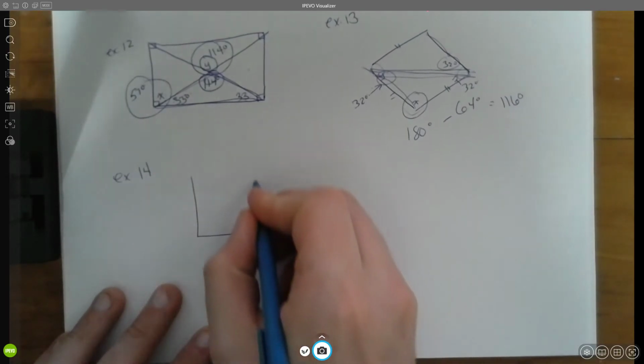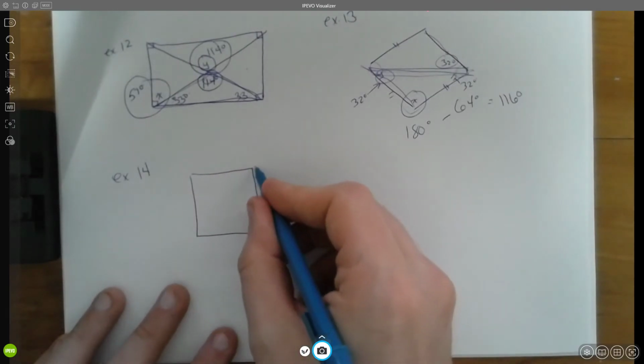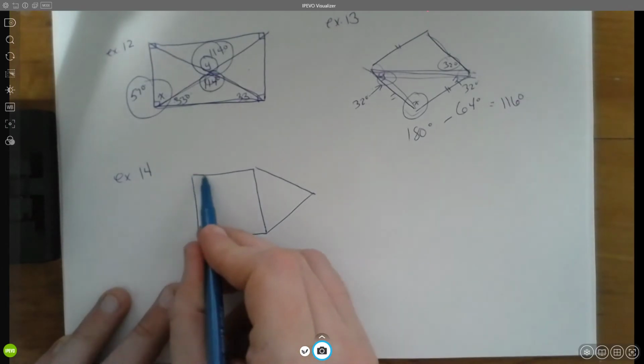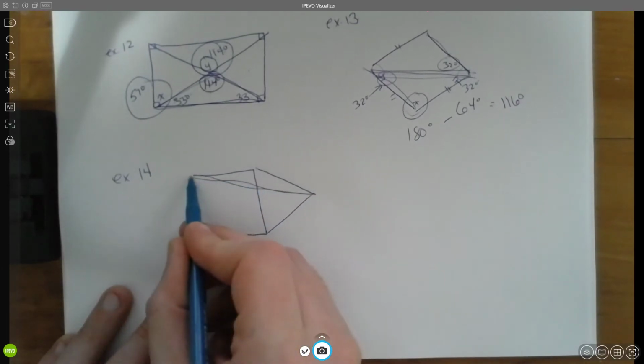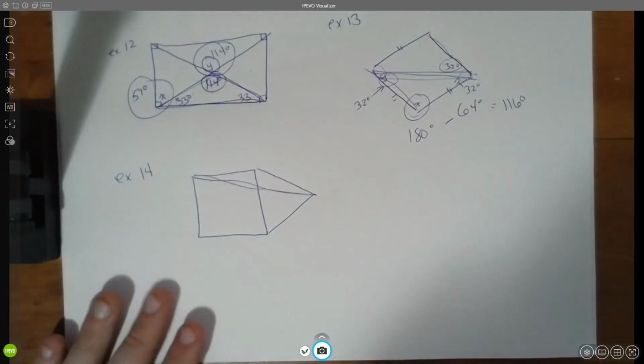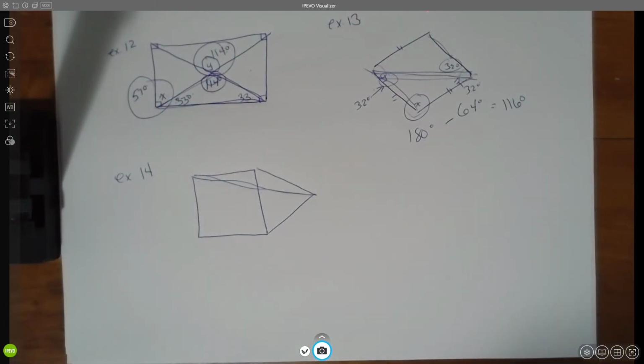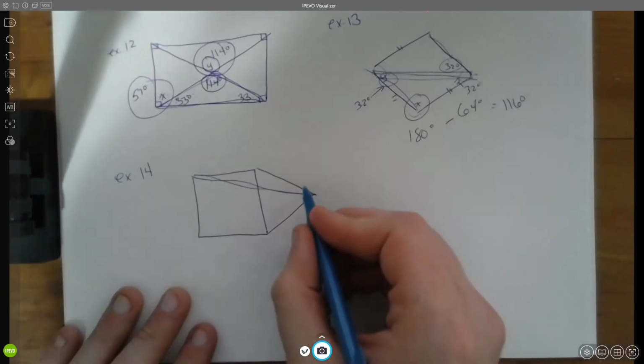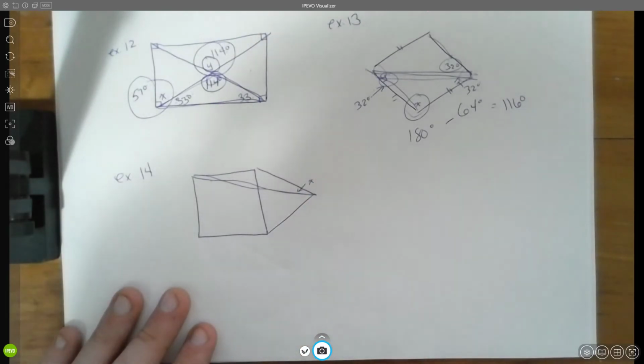So we're given a square, then we're given an equilateral triangle that's attached to that, and then we're given an isosceles triangle that fits all of the rest of those together. So we're solving for some of these missing values. We're solving for this angle right here, angle x.